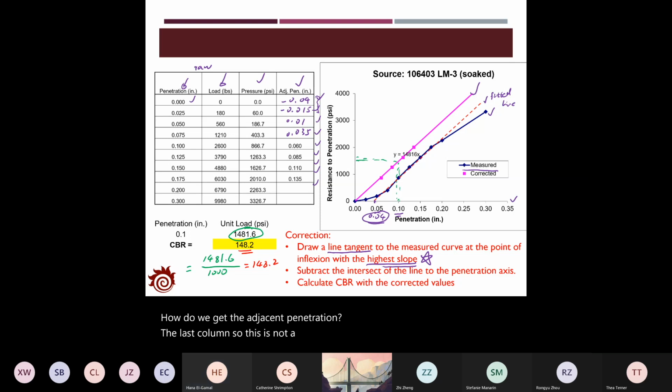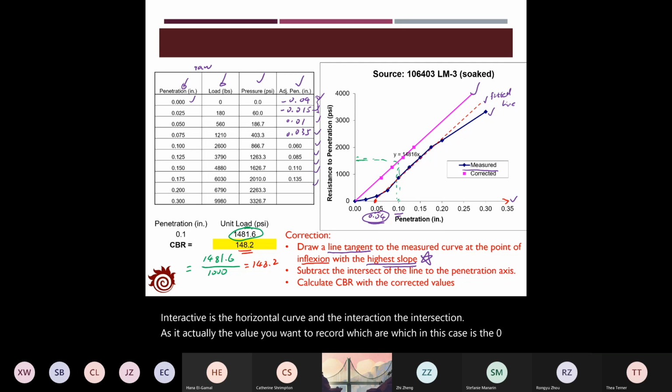So you need to use this tangent line, and the line should be tangent to the measured curve, which would be the blue line, at the highest slope. So this would be the point of inflection at the highest slope, and this red dashed line should intersect with the horizontal axis, and the intersection is actually the value you want to record, which in this case is 0.04.